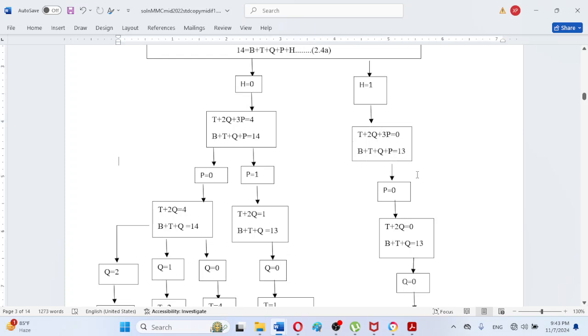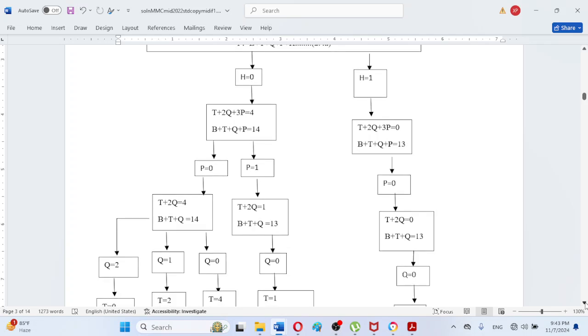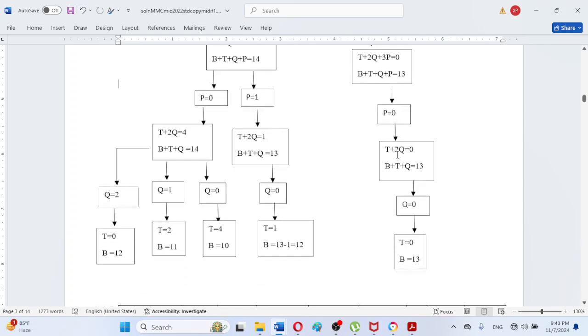So if p is equal to 0, the upper equation will change into t plus 2q is equal to 0, and the lower equation will be b plus t plus q is equal to 13 because p is equal to 0. And now again the same procedure: on the right hand side there is 0, so the highest order link q can only be 0, it cannot even be 1.